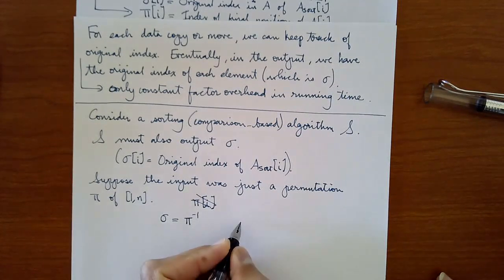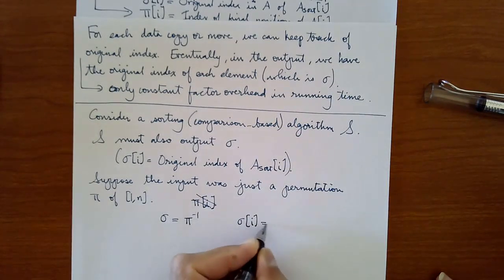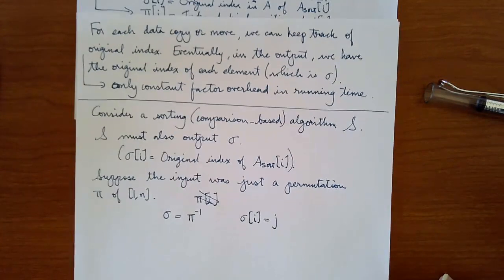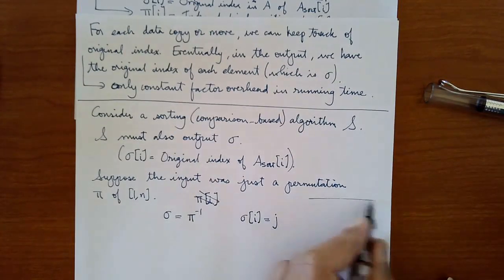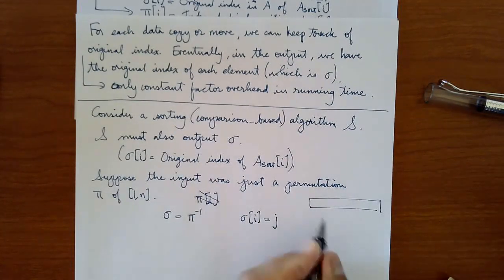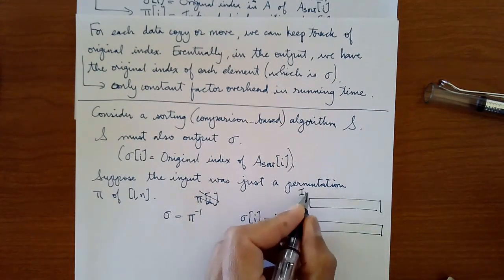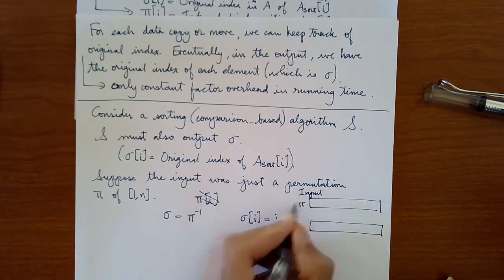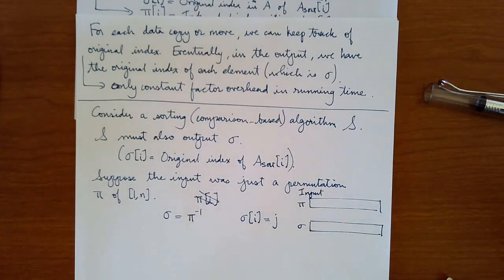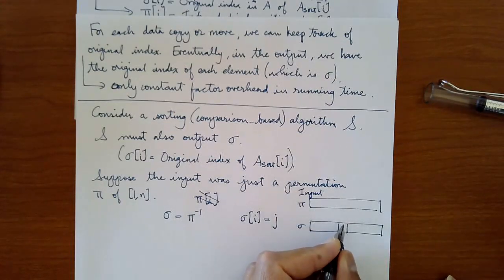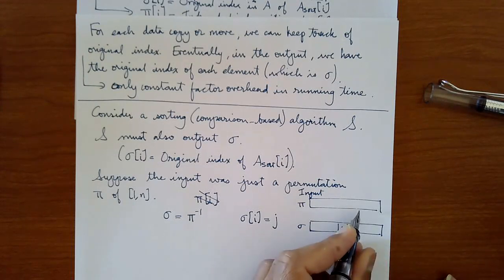I mean that if sigma I is j, this means that the original index of whatever ends up here is j.